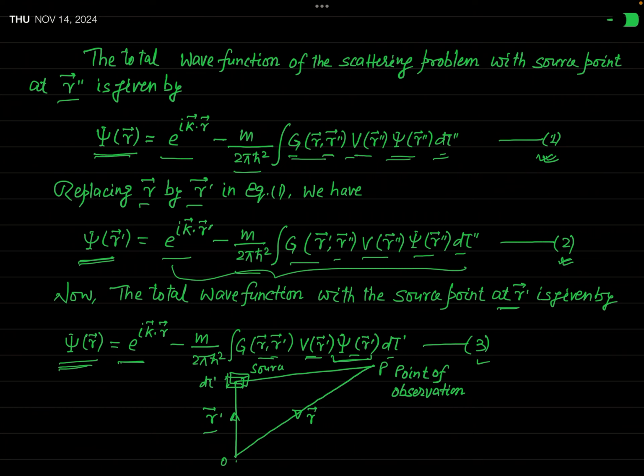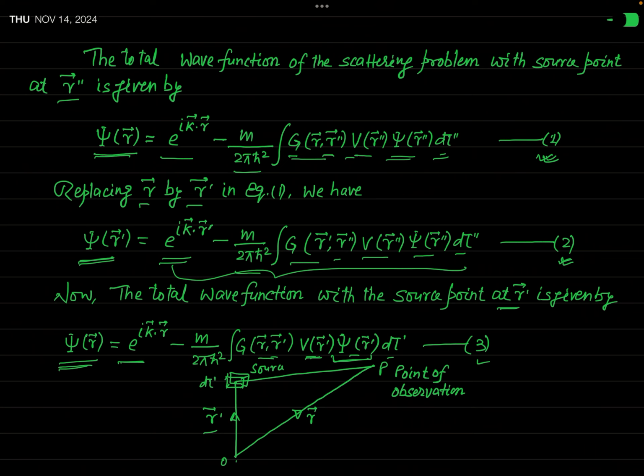So inside the integral there will actually be two terms. First one will be G of r comma r dashed V of r dashed times this exponential e to the power i k dot r dashed, and d tau dashed. This will be the first term.